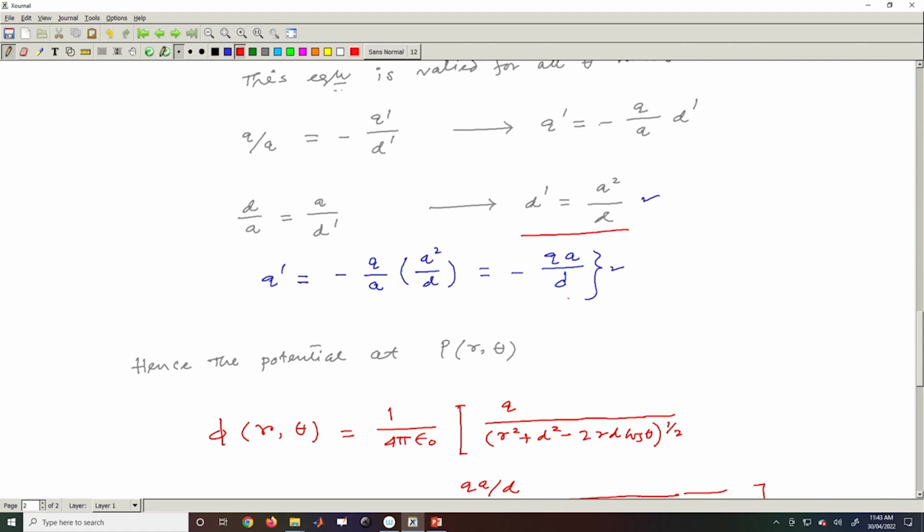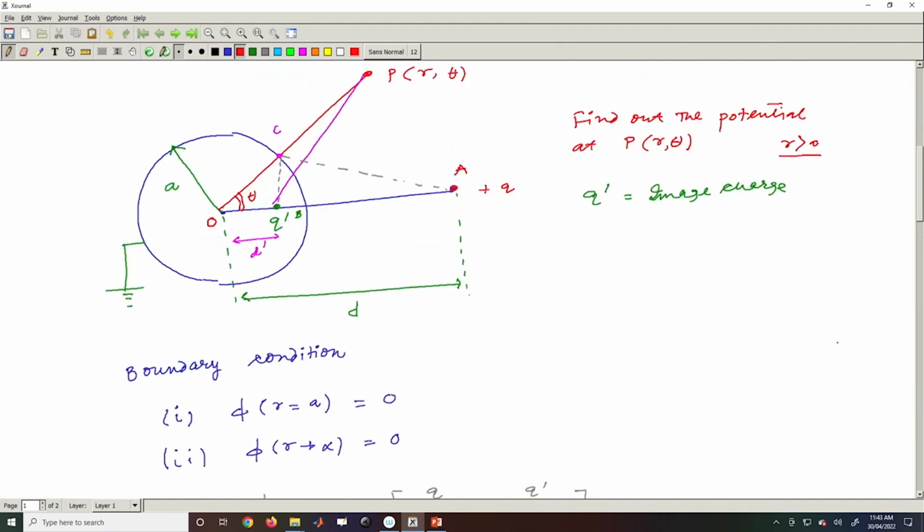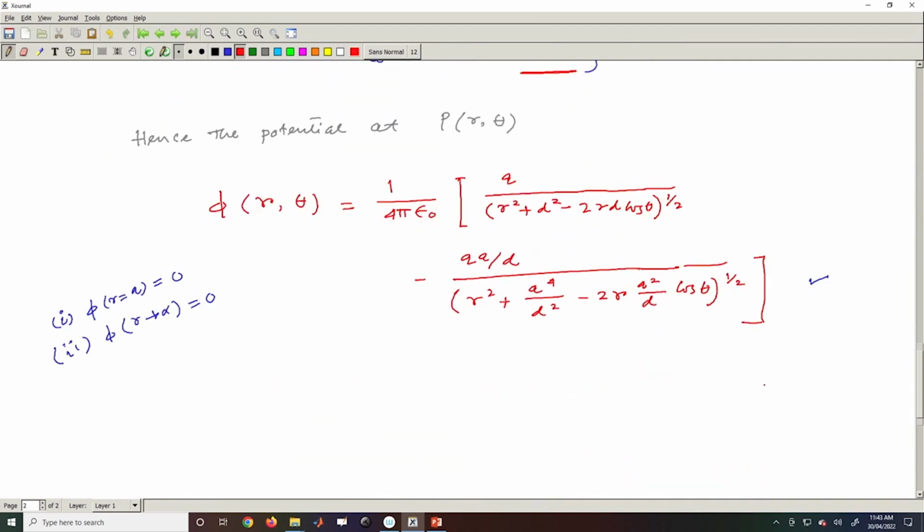In order to understand that, our standard technique is first to find the surface charge density, and after that I will calculate the total charge. Because I am placing a plus q charge here, the surface charge density over this surface is going to change, and that we first calculate. So, this is regarding the calculation of induced charge.